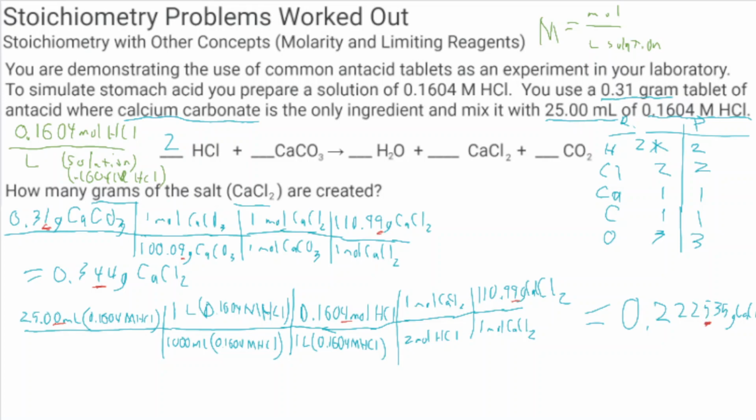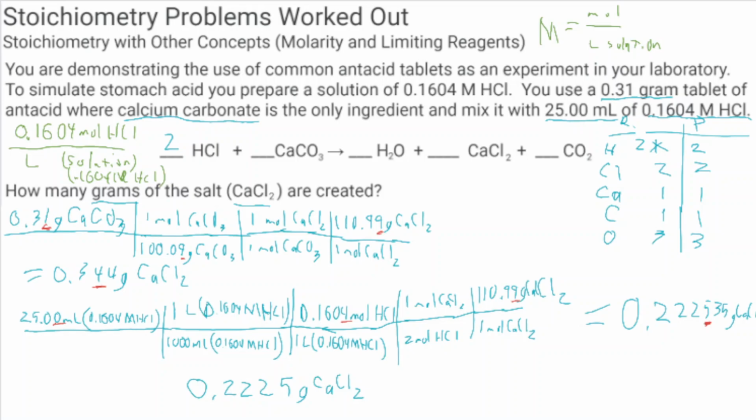All right, so now we're at the limiting reagent part, and we need to compare the 2 numbers. So coming from the HCl, we have 0.2225 grams of calcium chloride.